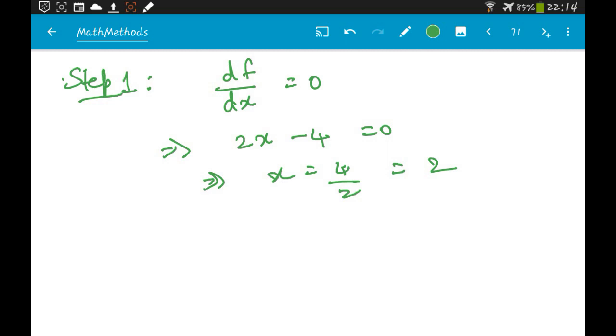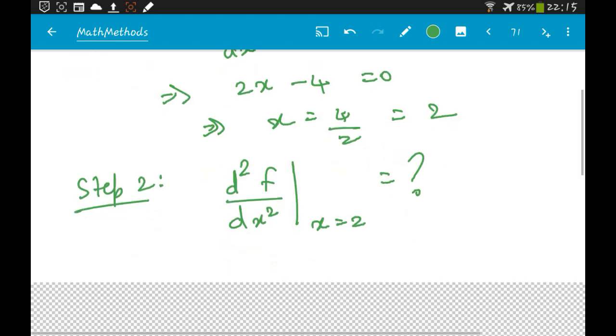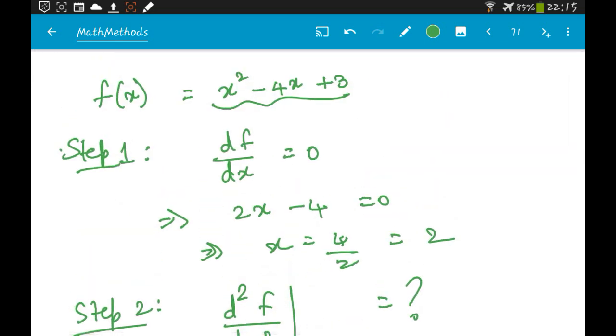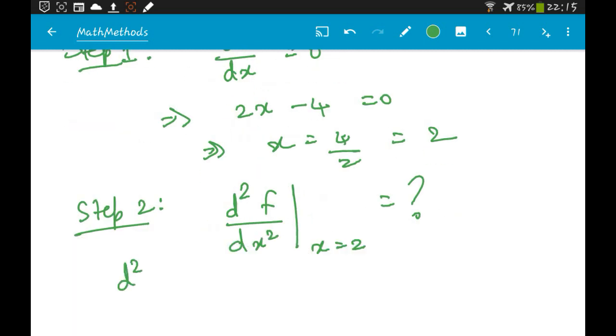Now you have to check. At x equal to 2, obviously df/dx will be 0, right? Now you have to check what is d²f/dx² at x equal to 2. So d²f/dx² is nothing but d/dx of df/dx.